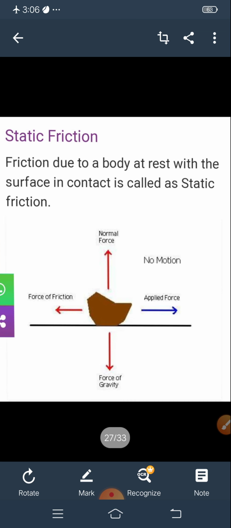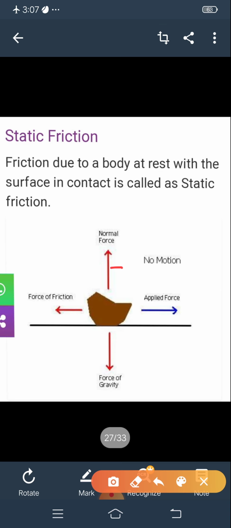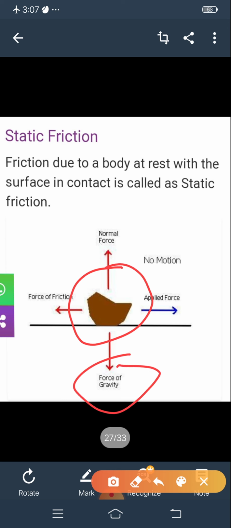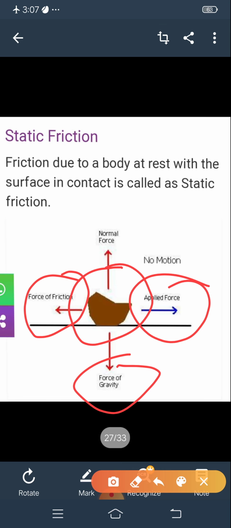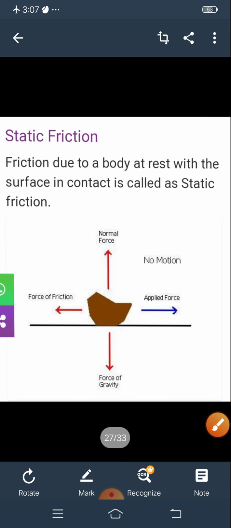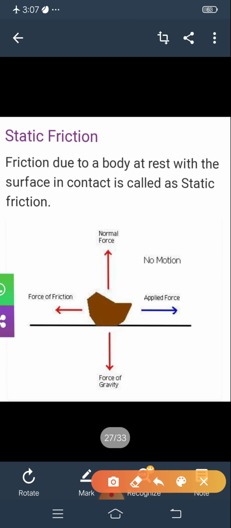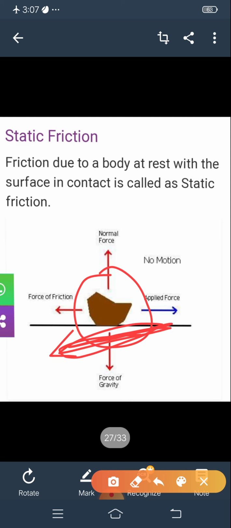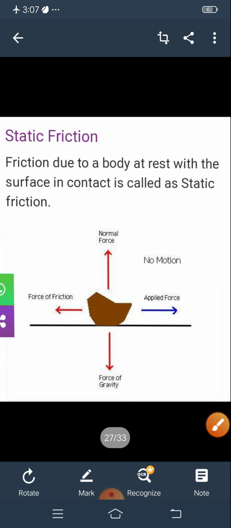Friction due to a body at rest with the surface in contact is known as static friction. The normal force is there, and as you know, gravity, friction and also applied force, but in non-motion. An object is in rest position, yet the force of friction is working.